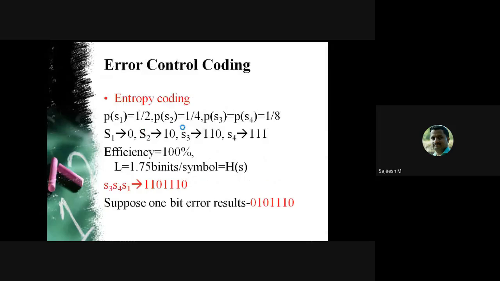Initially, consider an entropy coding, which is source coding that we have already studied. There are different symbols S1, S2, S3 and S4.